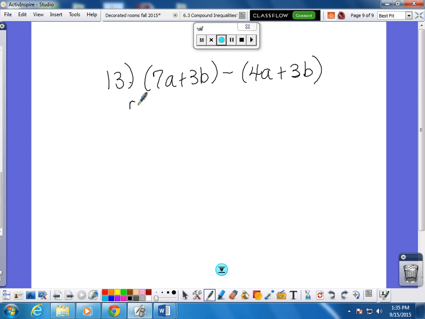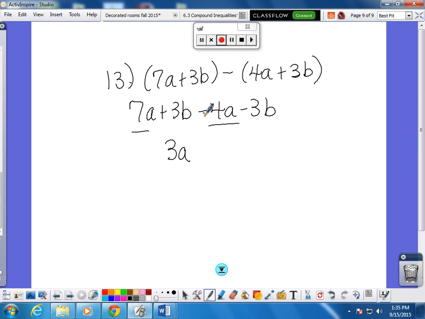All right, so this part, I just bring down, that doesn't have an opposite of in front of it. But the opposite of positives will be negatives. And what variable did we put first and why? A comes first in the alphabet. So 7A minus 4A is good.